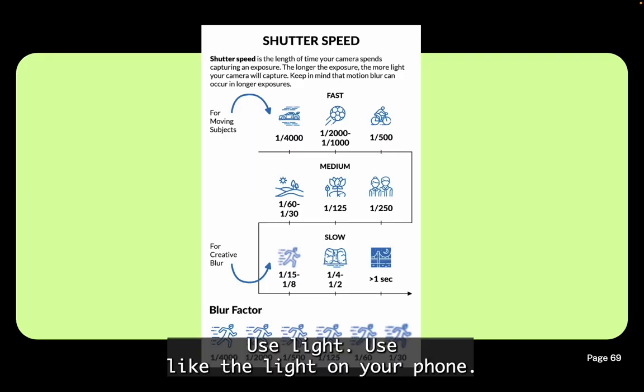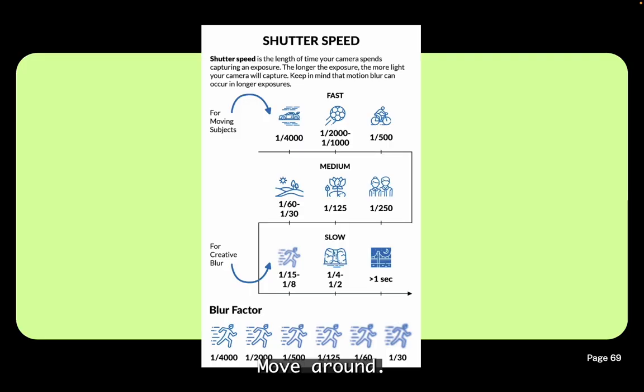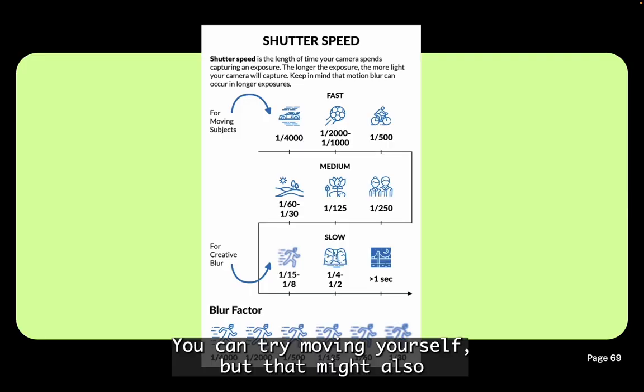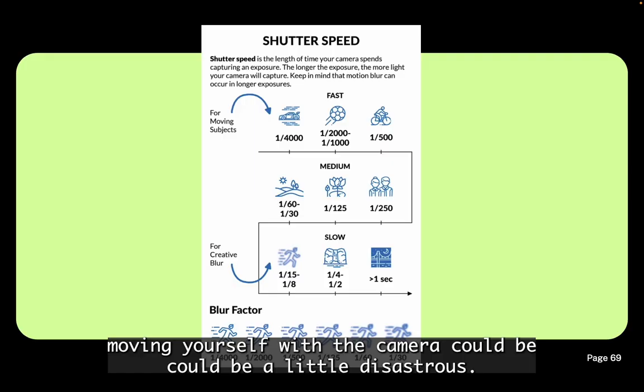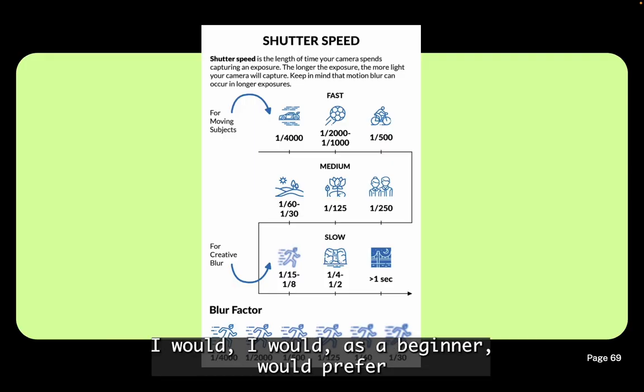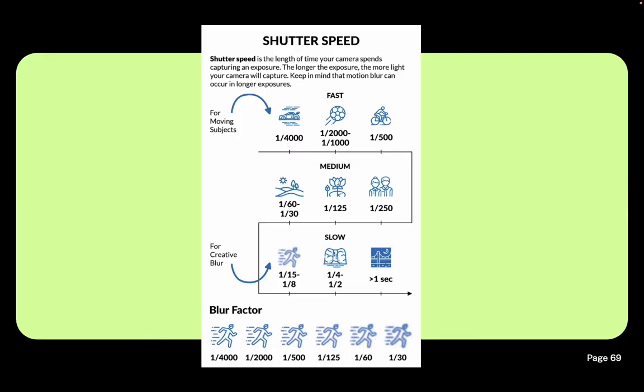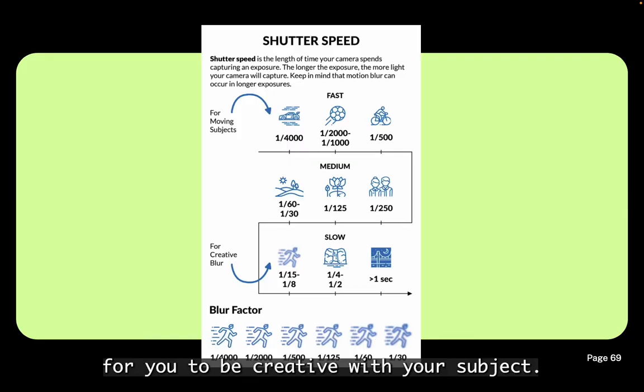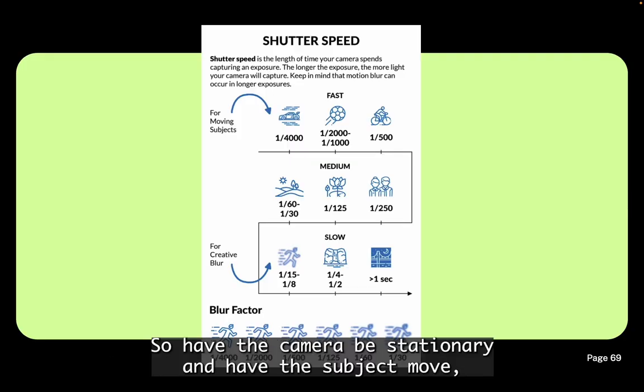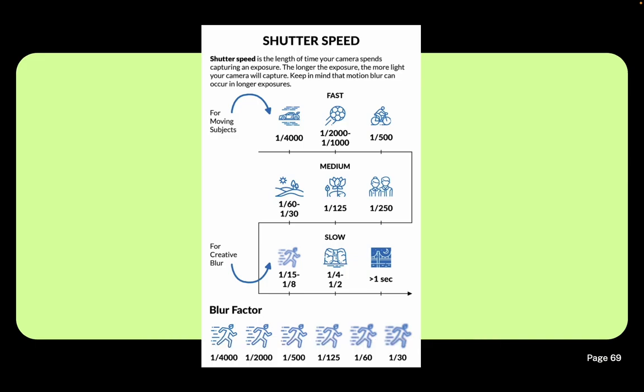Use light, like the light on your phone. Move around. You can try moving yourself, but moving yourself with a camera could be a little disastrous. As a beginner, I would prefer for you to be creative with your subject. So have the camera be stationary and have the subject move.